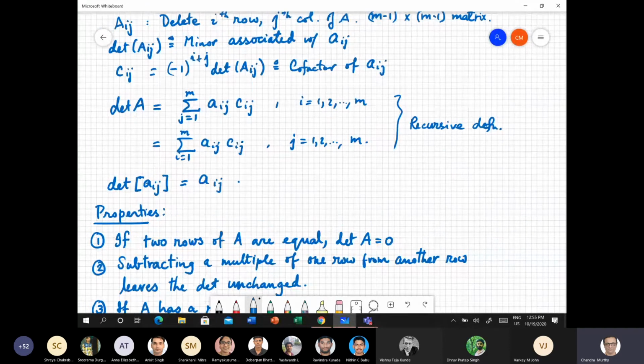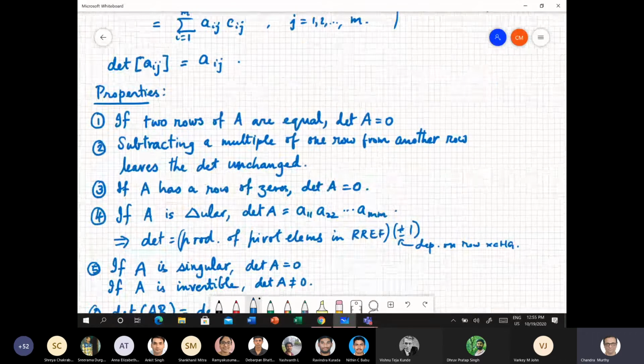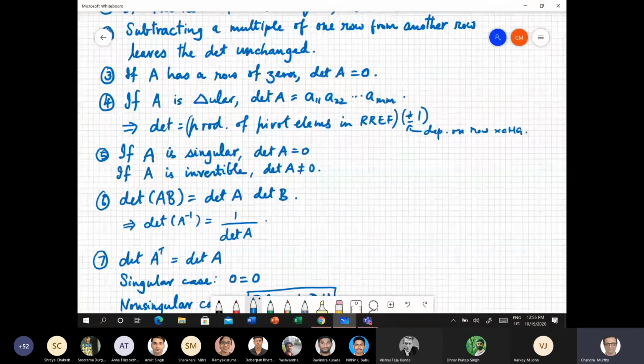You can see that the determinant as defined here is the inner product between two vectors, one vector being the ith column of A and the other vector having these factors Cij, j going from 1 to m. If I take the transpose, then that corresponds to picking the ith row of A tilde.